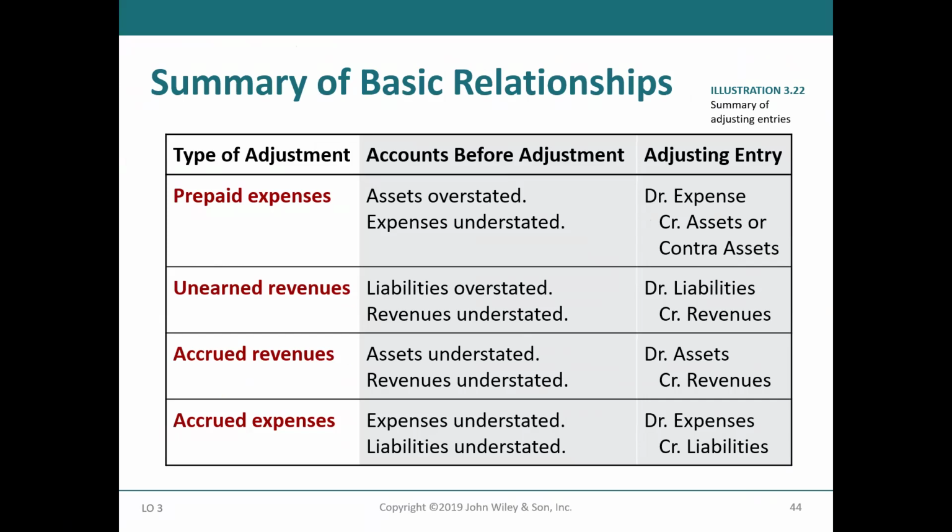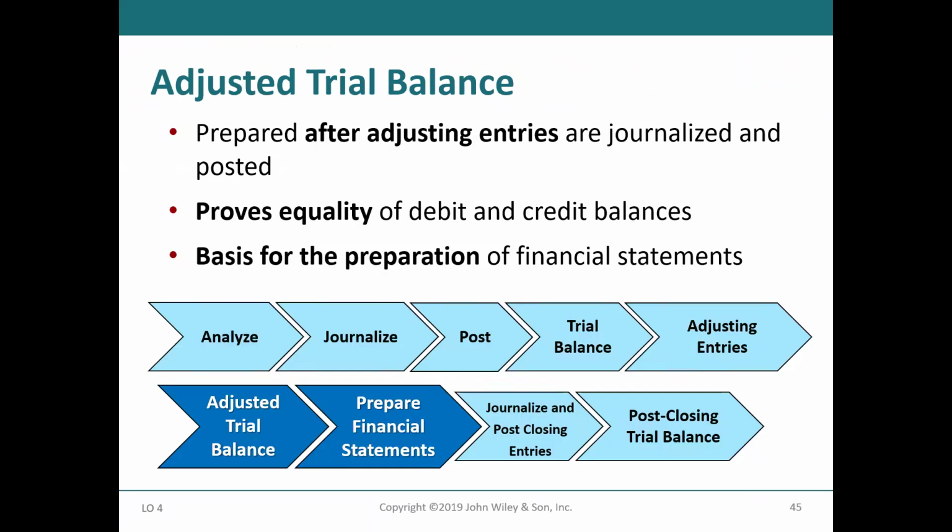Now, after we prepare adjusting entries, what would be the next step? Remember, we will post them into the ledgers. And then after we post them into the ledgers, we're going to prepare an adjusted trial balance.